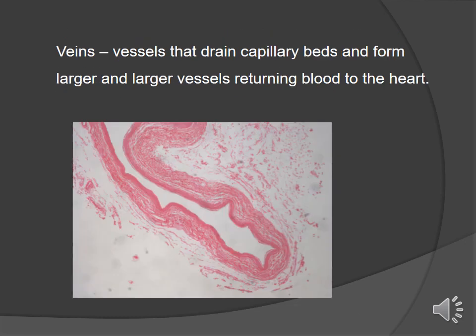The venous system contains large, medium, small veins and venules. Veins collect blood from capillaries and transport it to the heart under lower pressure than arteries.